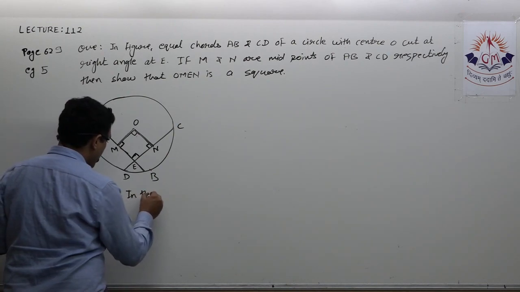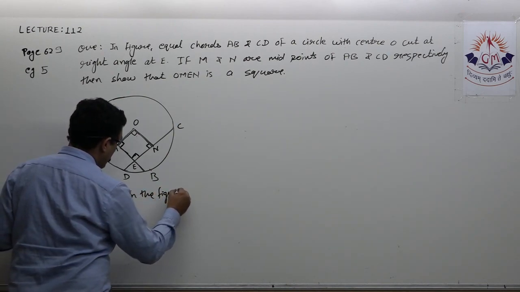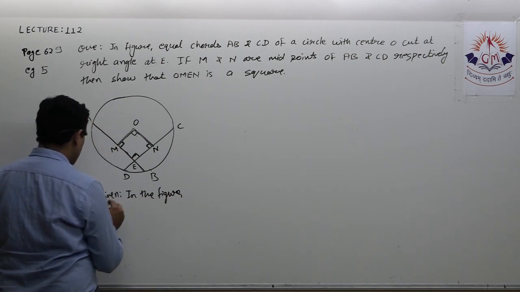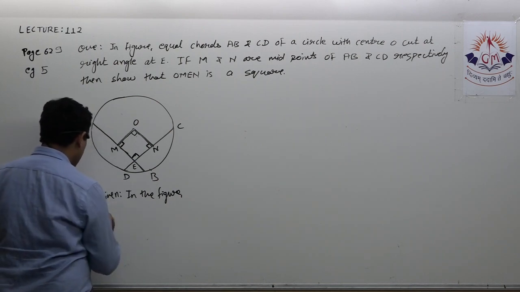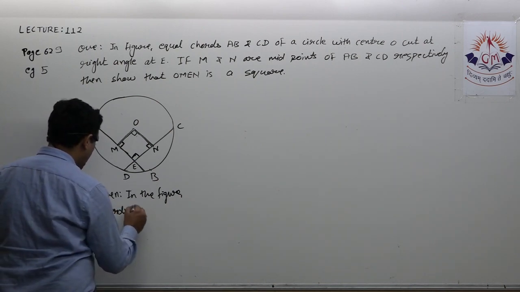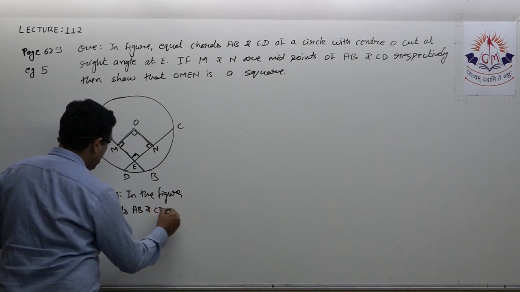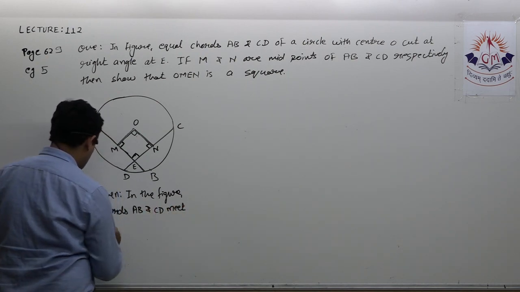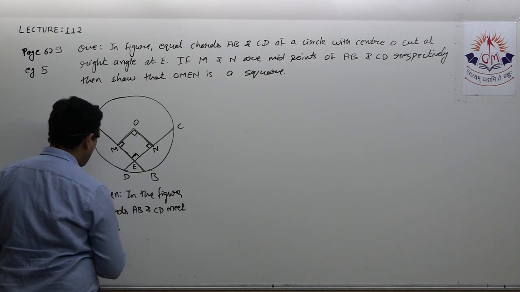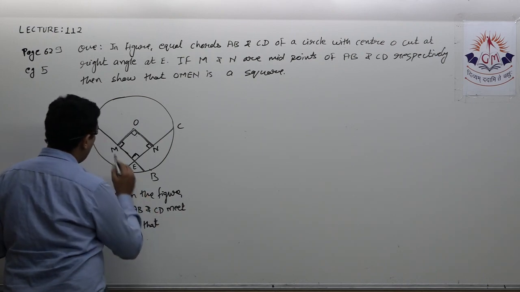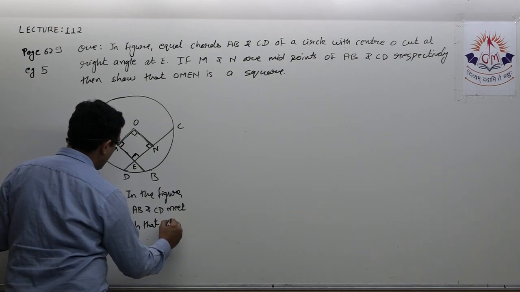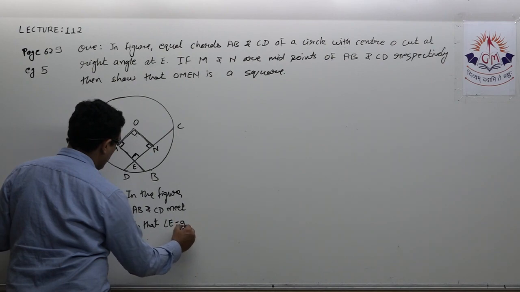Given in the figure, chords AB and CD meet at E such that angle E is equal to 90 degree.